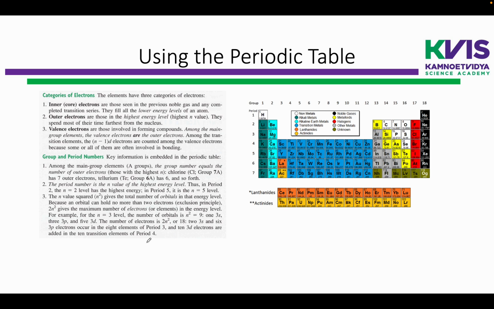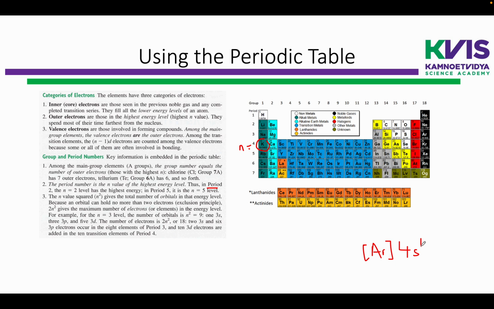For example, if I look at potassium, which is over here, I can go argon. The period number indicates the principal quantum number, so this is n equal to 4. So argon, 4s, you have 1 electron in potassium.